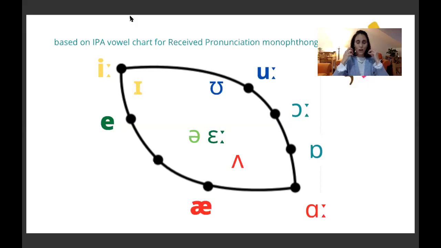Then we have the O sound, which is a mix between A and O, right? Then we have the O sound, O, O, O. And then we have the long oo sound, prolonged with the 2 dots. And then we have the short oo, right? See, as simple as that.